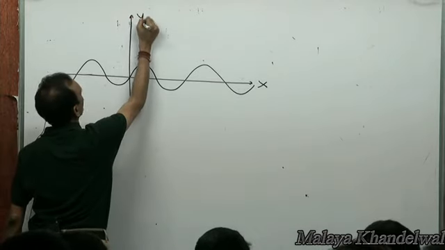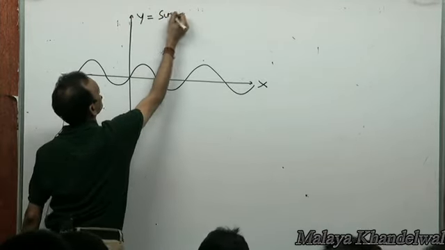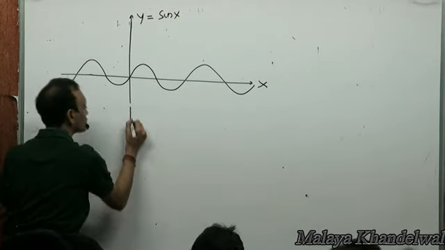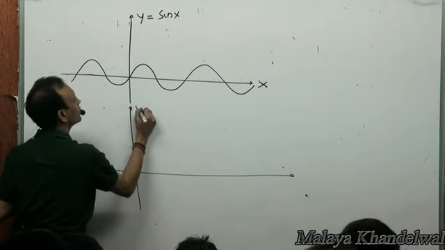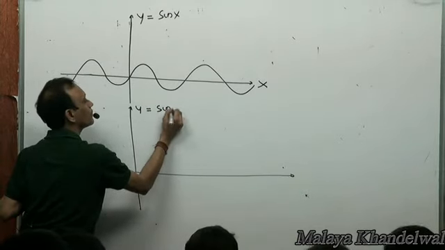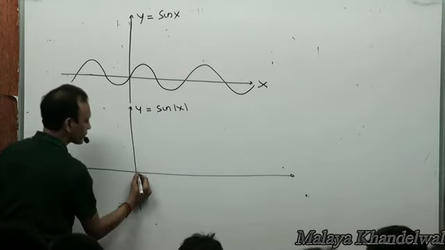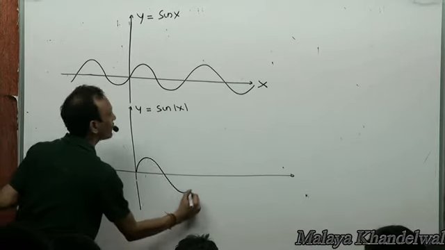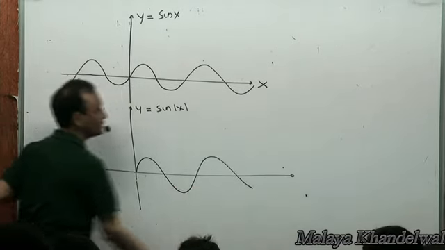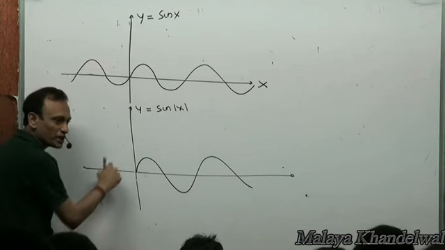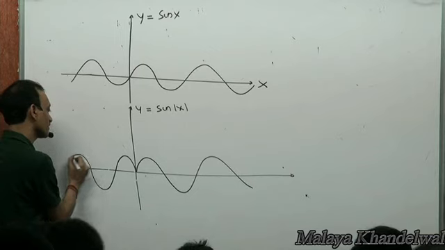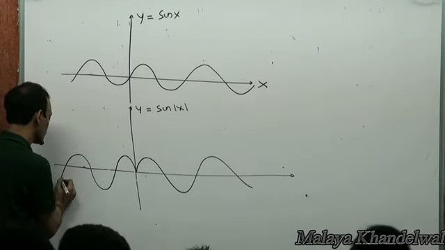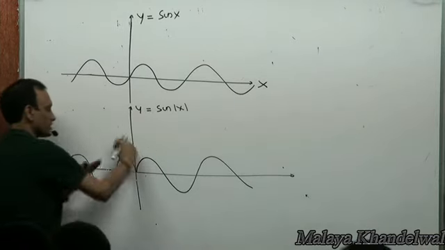This is the graph of y equal to sine x, and you want to draw the graph of y equal to sine mod x. Retain the portion to the right of the y-axis, right? And reflect this portion about the y-axis.